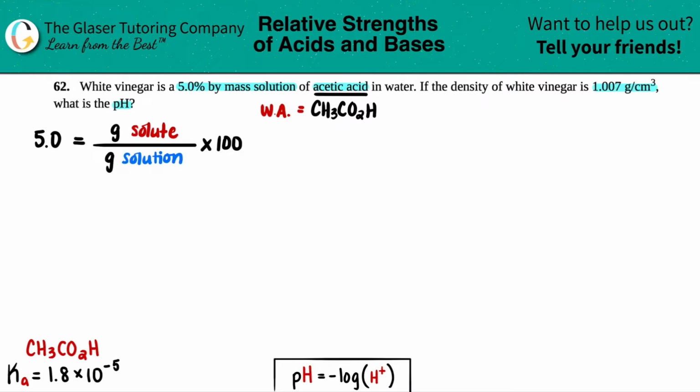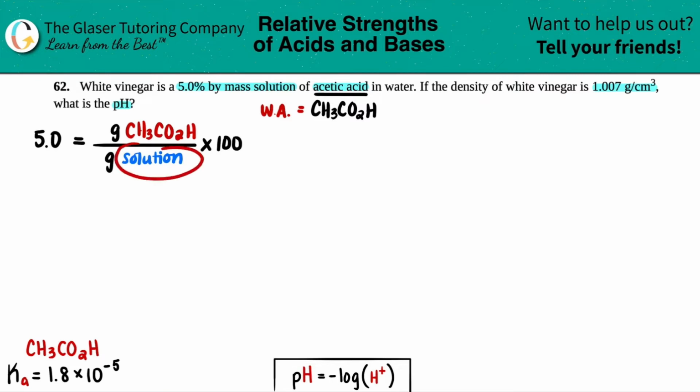Now, they did tell us that we had the acetic acid in water, right? So, in this case, the solute is the acid that's going in the whole solution, which is the acetic acid, CH3CO2H.